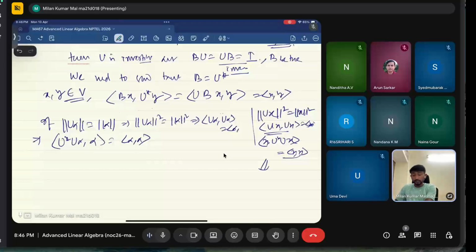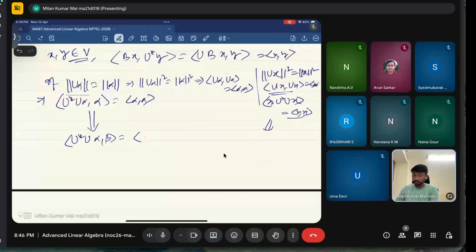Okay, so let me give you the polarization identity. So what is the polarization here? Polarization says that if you have the norm, then you get the inner product.